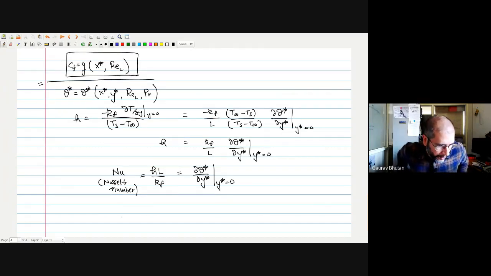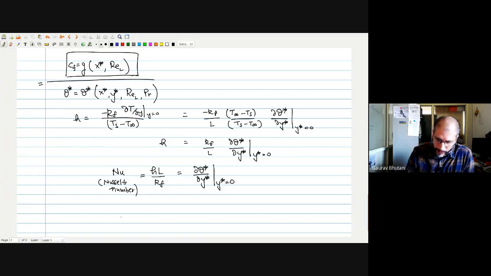And it's very common in convection discussions to talk about the Nusselt number rather than the heat transfer coefficient h, since the Nusselt number is a non-dimensional number, so we just get a value. It's very easy to compare situations. So higher Nusselt number means typically higher h value, that is, higher ultimately rate of heat transfer for that situation.